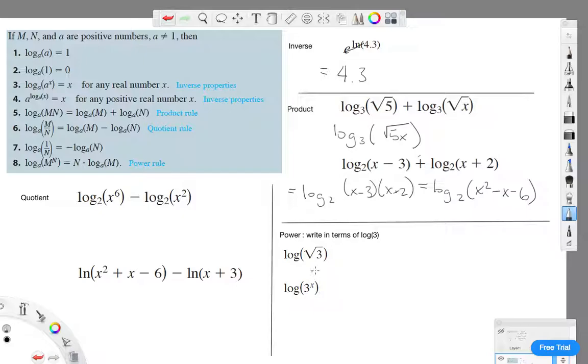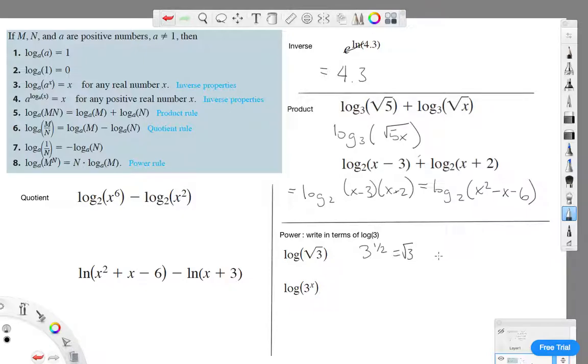Let's look at power. Power says write in terms of log, okay? And so we have log base 10. Let's change, we have log root 3. Okay, so we have 3 to the 1/2 is equal to root 3, of course.